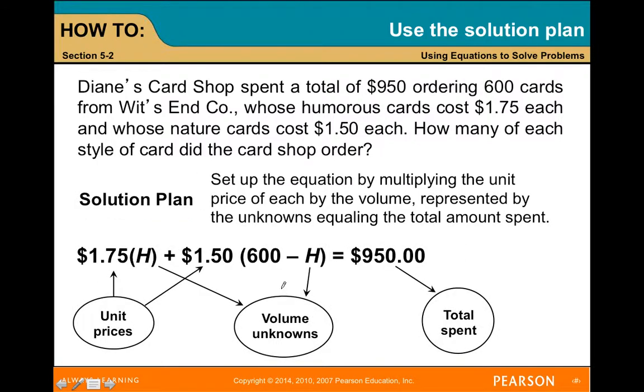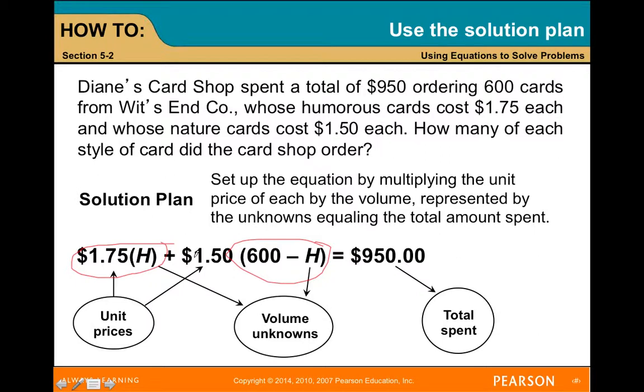So now here we set up the solution plan. Set up the equation by multiplying the unit price of each by the volume represented by the unknowns, equaling the total amount spent. So now we have here $1.75 for humorous cards, and then $1.50, and then 600 minus H, which are the unknowns.